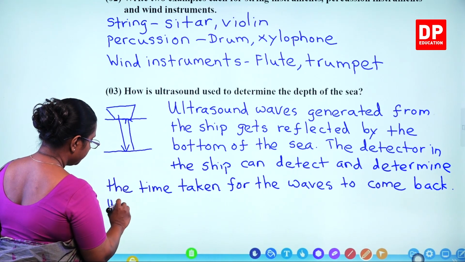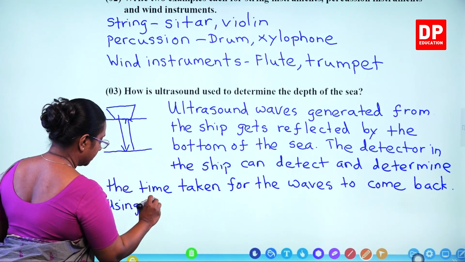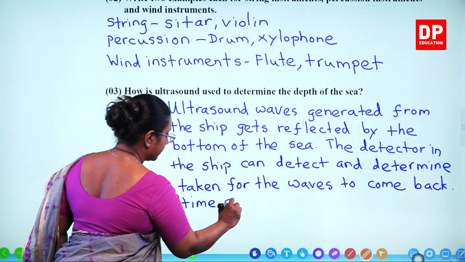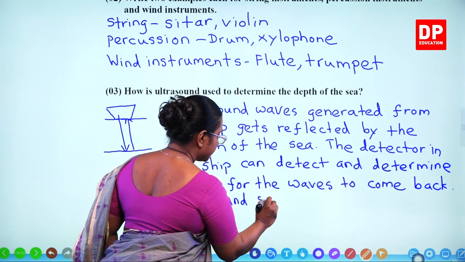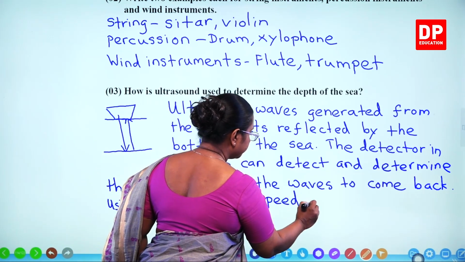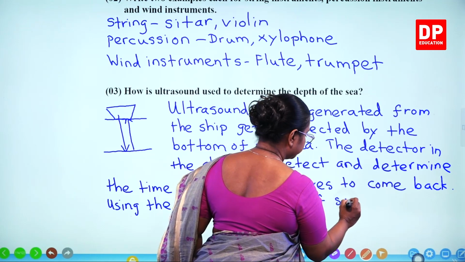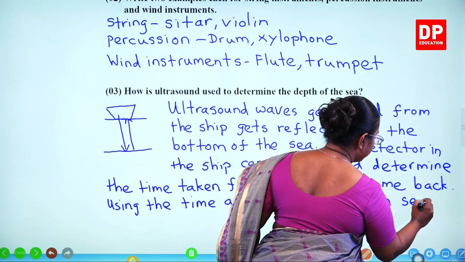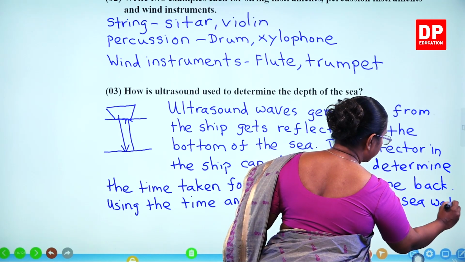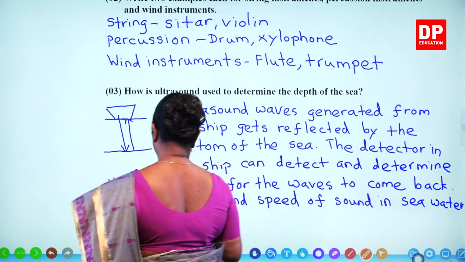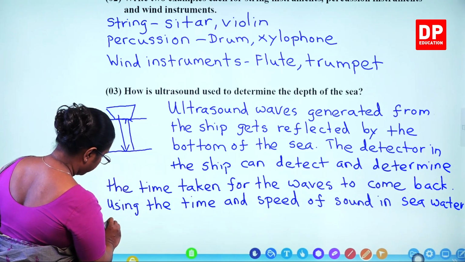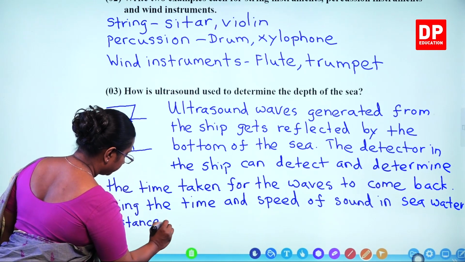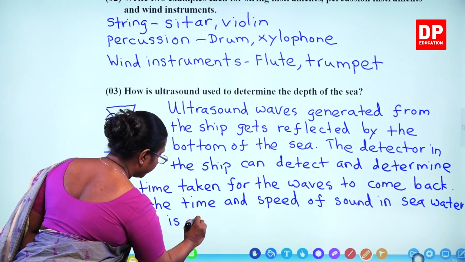Then using the time and the speed of sound in sea water, the distance is calculated.